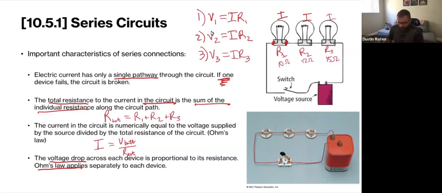And it turns out when you add up these individual voltage drops, V1 plus V2 plus V3, you get the original voltage of your battery. So that means whatever is here, this big voltage in the battery that I'm labeling, big V, that gets broken up and divided among everything in that circuit.